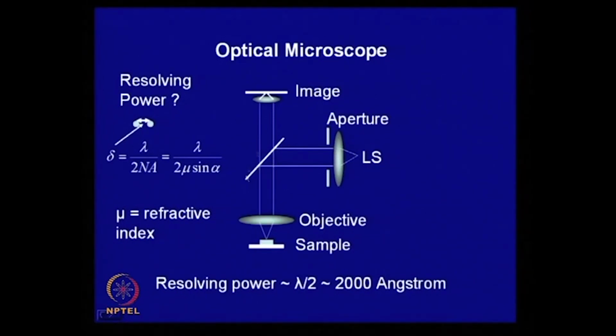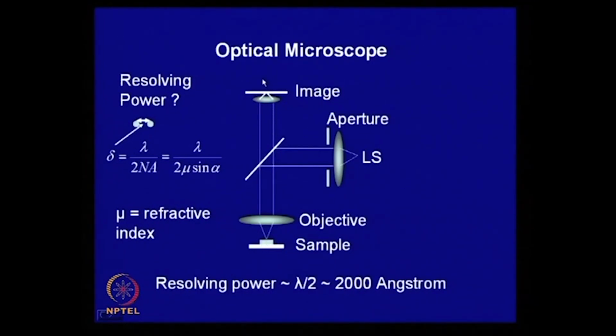There is a half silver mirror, part of this light is reflected and through an objective it is focused onto the sample, and the reflected beam also passes through the objective and through this mirror, and here you have the eyepiece or the image plane where the image is formed.